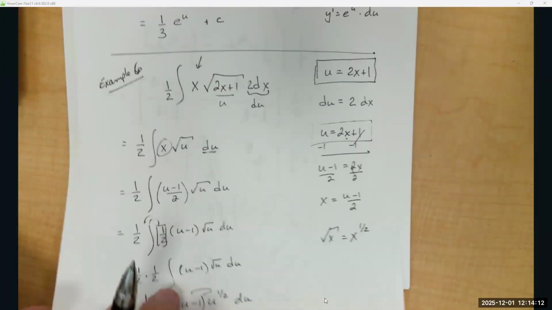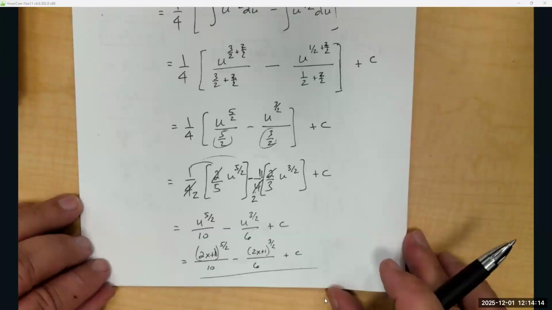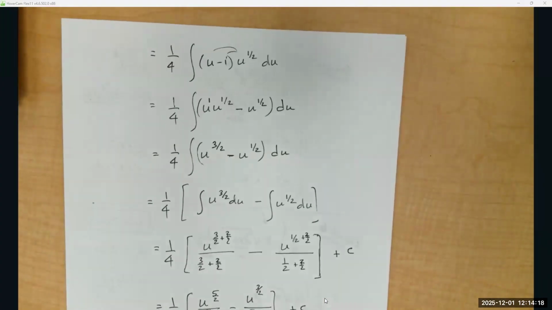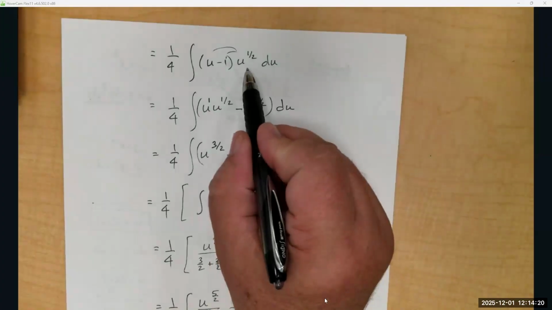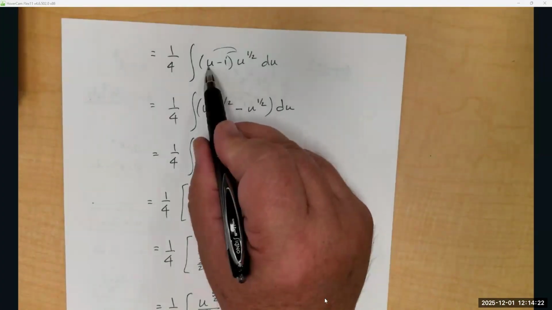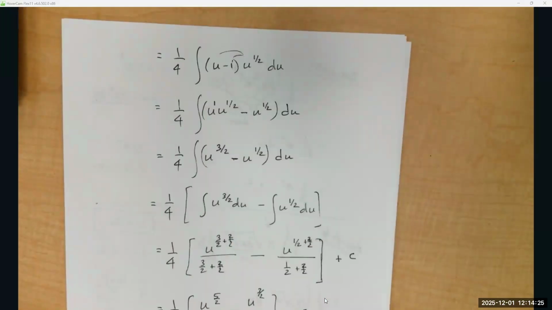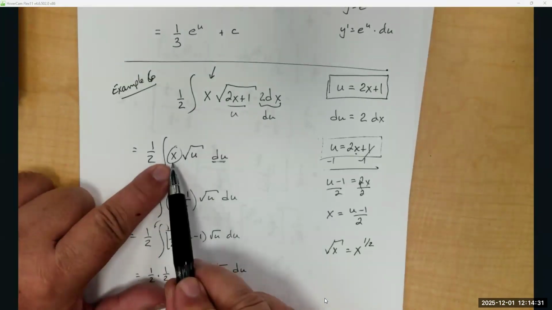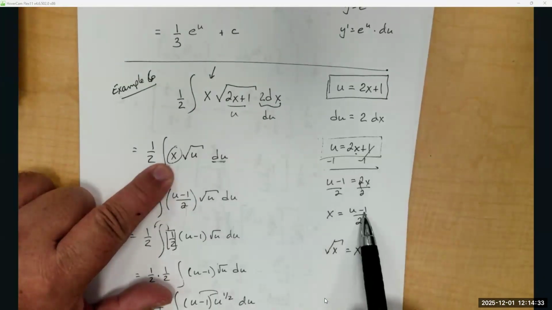So we only distributed one, the very top part. How do we end up with u to the 1 times u to the 1/2? Where did this one come from? That starts from over here. x itself was u minus 1/2.